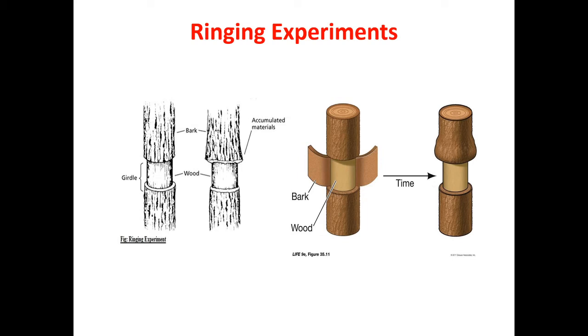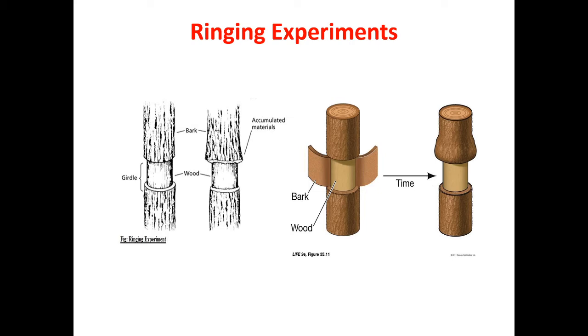The girdling or ringing experiment is a method of breaking the continuity of the vascular tissue. You can see here clearly, see the cursor, the bark and the vascular tissue has been removed. The external vascular tissue has been removed from the stem.